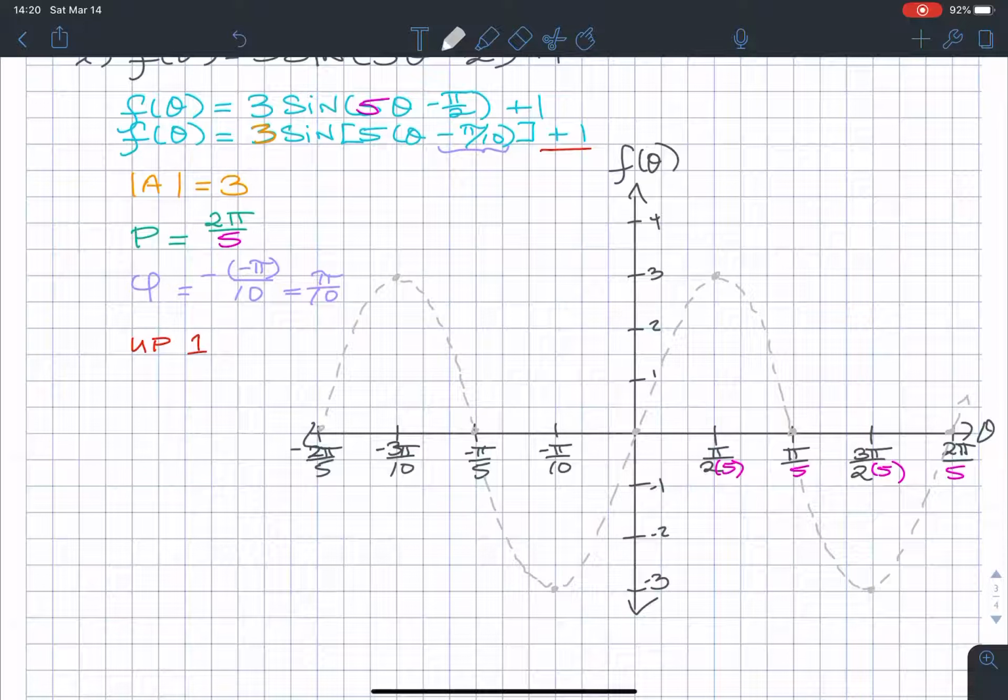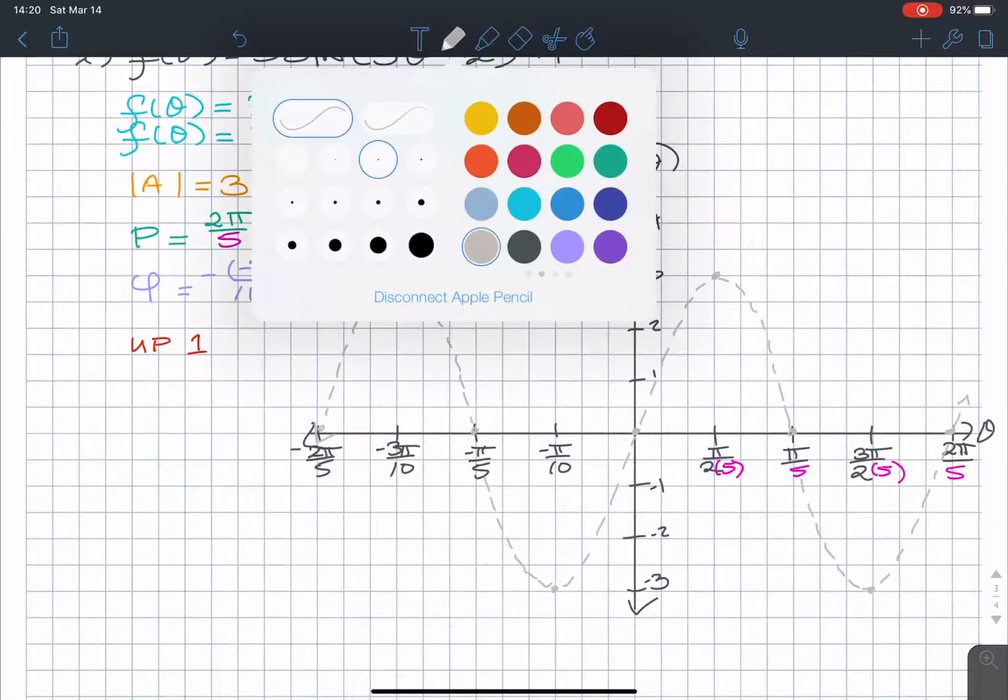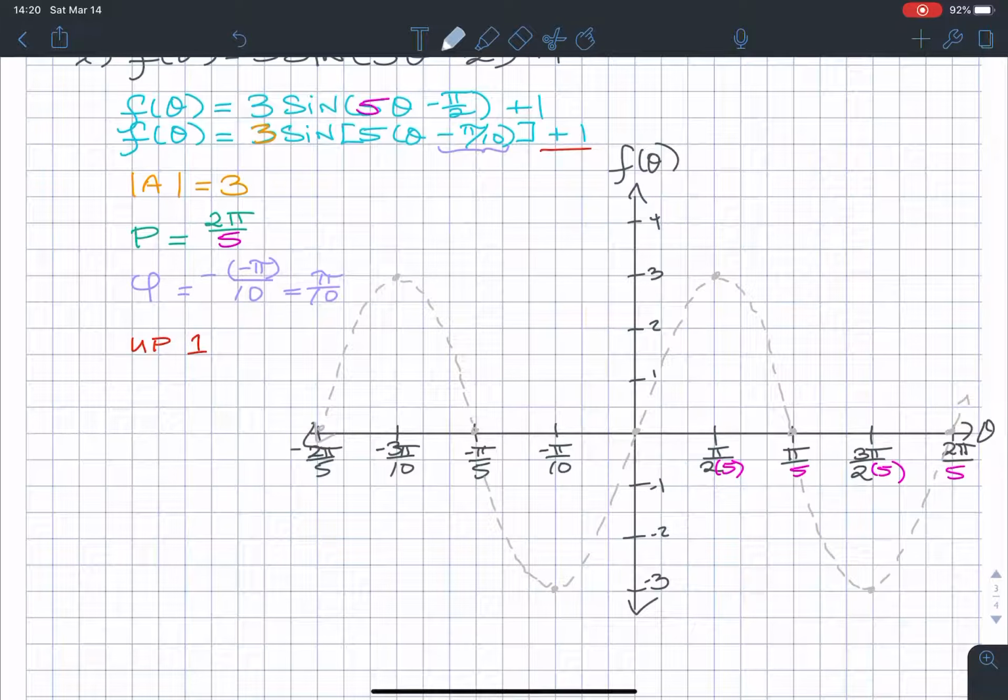Okay, so first I need to shift everything to the right 1 quadrant. So if I shift everything to the right 1 quadrant, so that's my horizontal translation, my graph would look something like so.